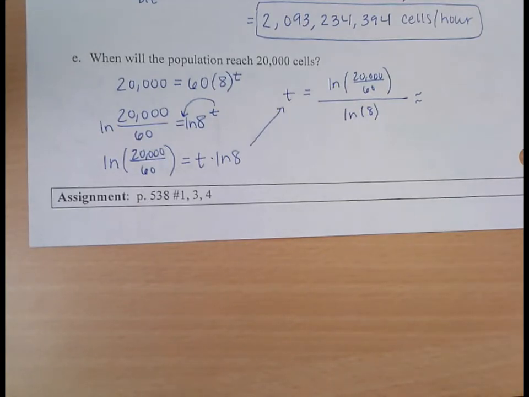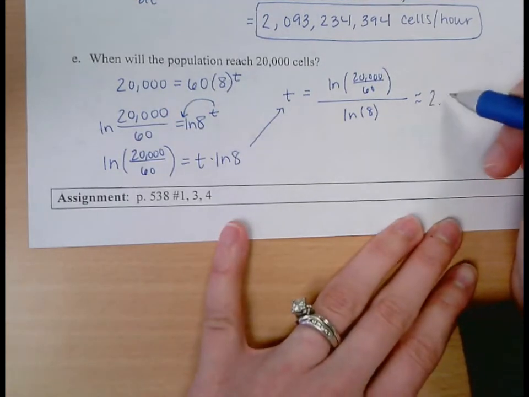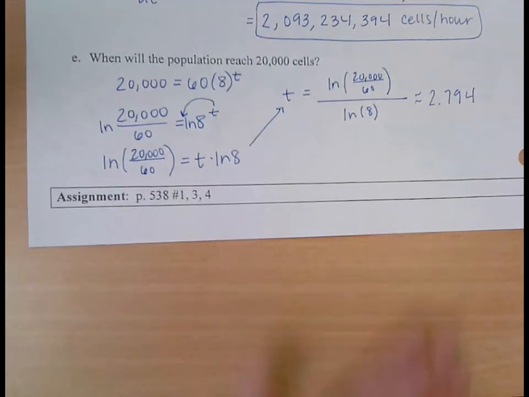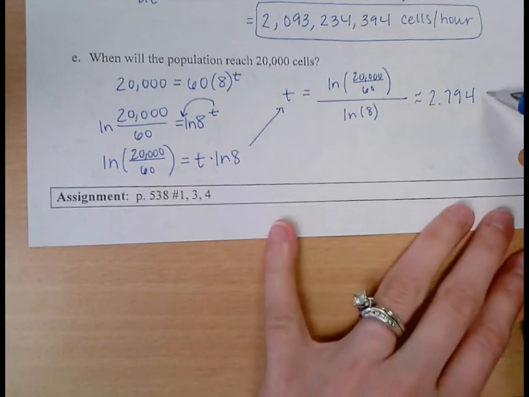Actually, I should calculate it because I did not write down 3 decimal places for some reason. You could solve it that way, too. But then you might be spending more time trying to find the right window to see where they intersect and things like that. True. So it's about 2.794 hours.